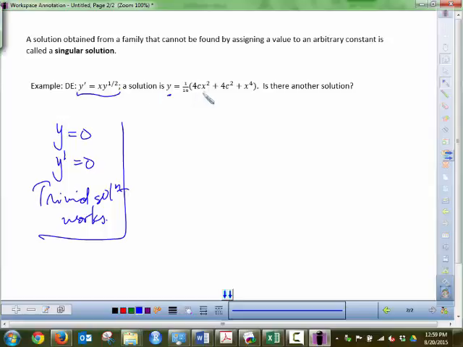A family means there's an arbitrary constant, so there's a whole bunch of different possible solutions. So that's looking at like plus C. Yeah, the plus C makes a family of solutions. And then C1 and C2 would make it a two-parameter family. Yeah, let's not worry about this.